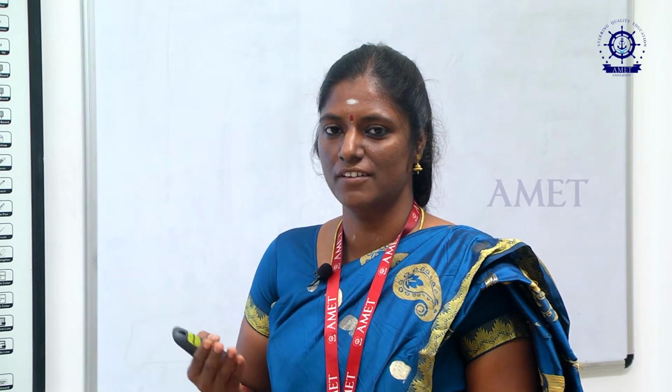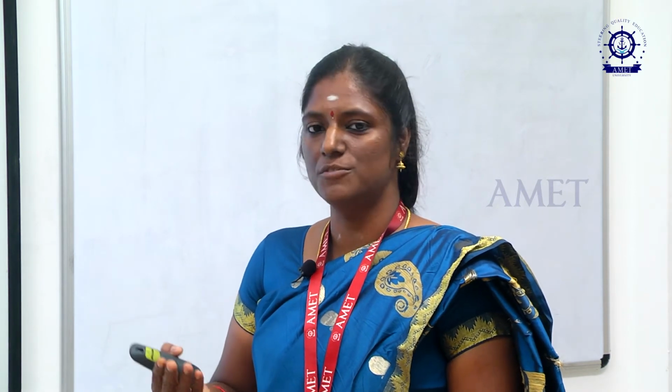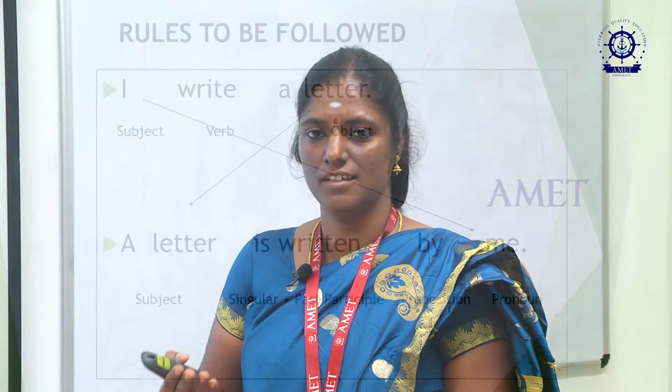What the subject is doing is writing a letter. So, subject is I. Write obviously refers action, that is verb, and object a letter. As already we discussed, object always asking questions like what, who, how, why, and so on.